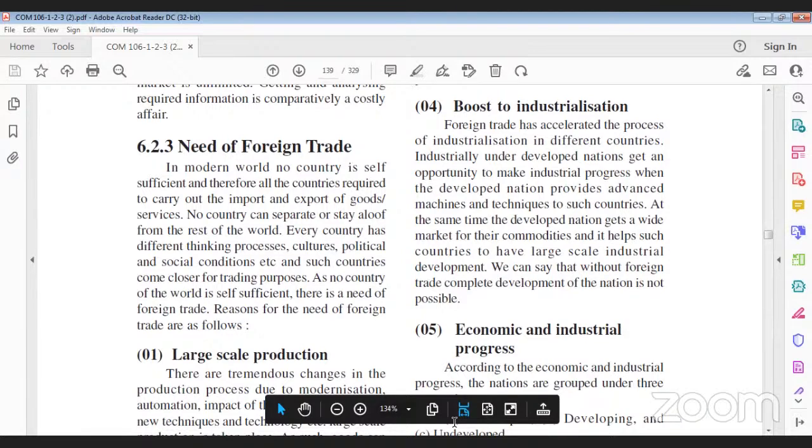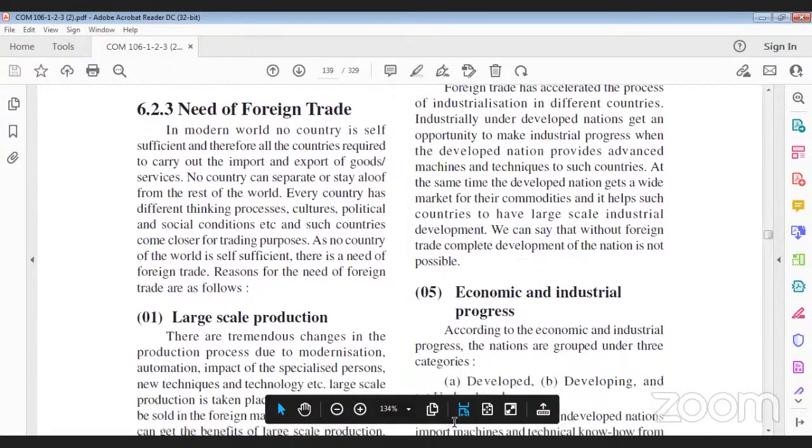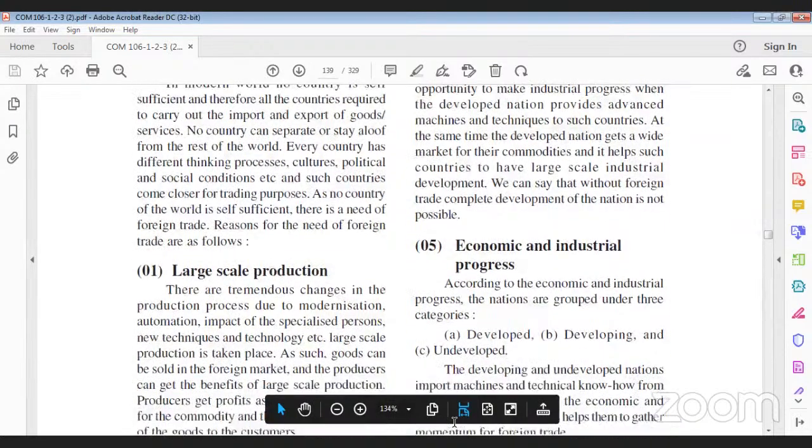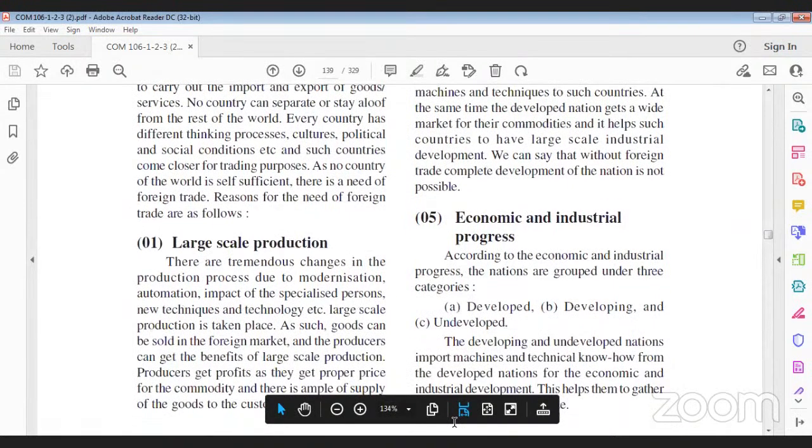As there are tremendous changes in the production process due to modernization, automation, the impact of specialization, and new techniques and technology, large-scale production is taking place in business units. As such, goods can be sold in foreign markets, and producers can get the benefit of large-scale production.